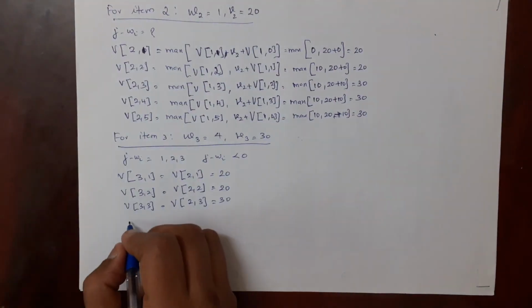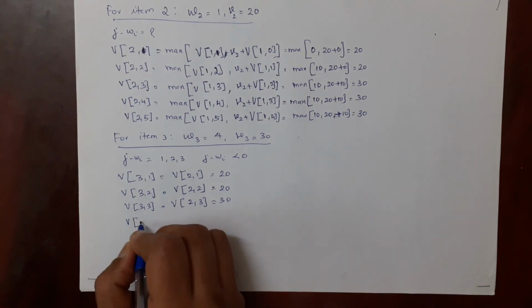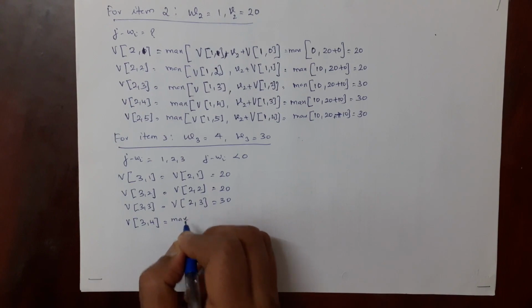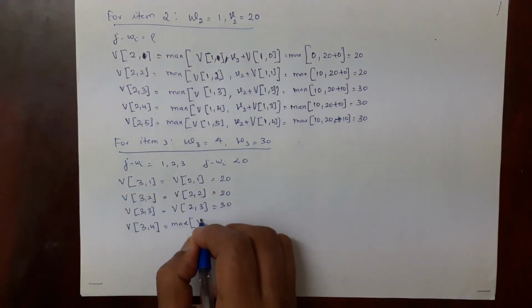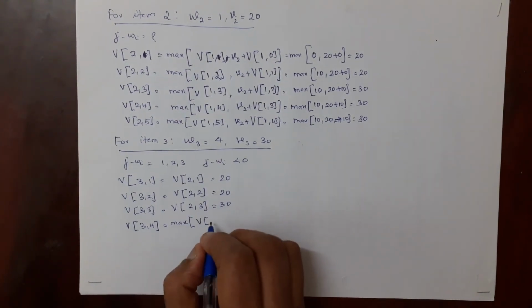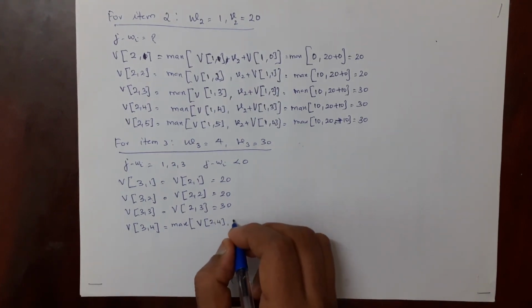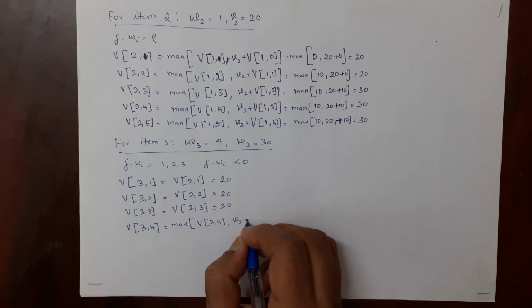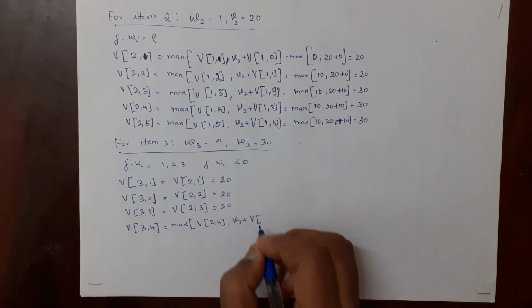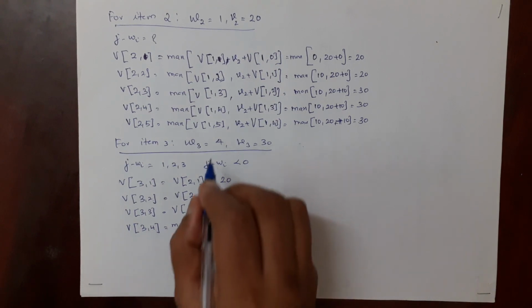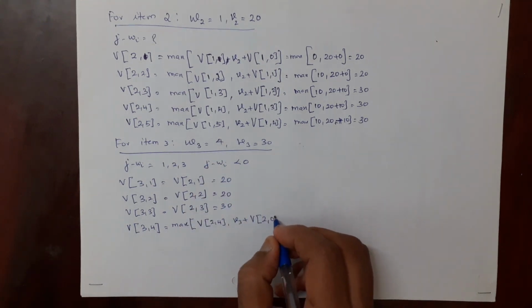Now we have to find v of 3 comma 4. It is the maximum of v of i minus 1 comma j, that is 2 comma 4, or the value of this item v3 plus v of 2 comma j minus wi, where 4 minus 4 is 0.